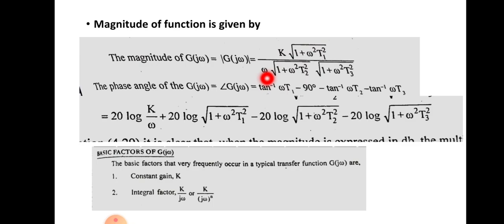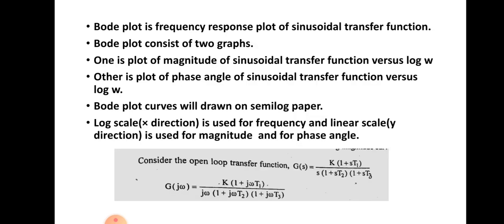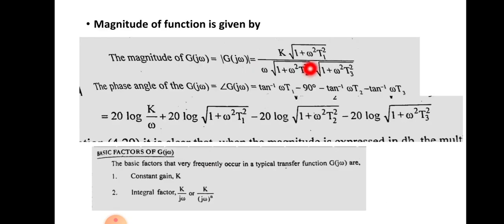And next, in the denominator side, you should look at j omega. For the imaginary part, there will be an angle of 90 degree when it comes in the denominator side. So when it goes to the numerator side, it will become minus 90. That is why minus 90 comes here.